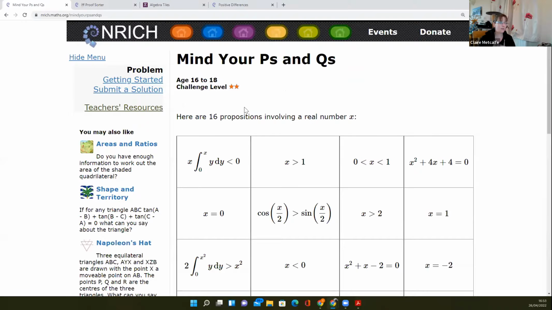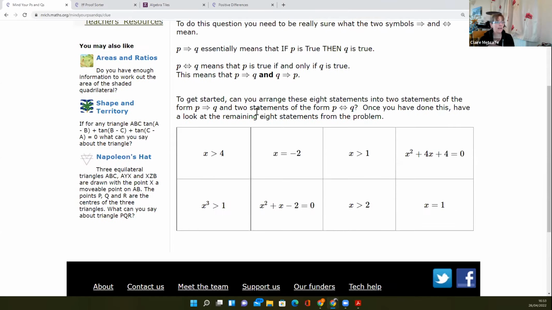However, if you want to use this idea with Key Stage 4, if you go to Getting Started, then we actually have just 8 of the statements, and these are all the statements that do not include integration or trigonometry using radians.